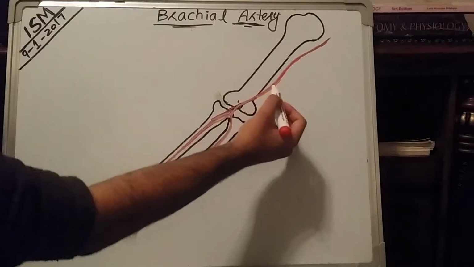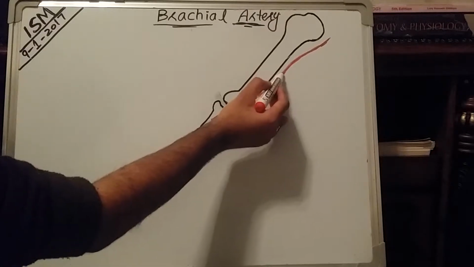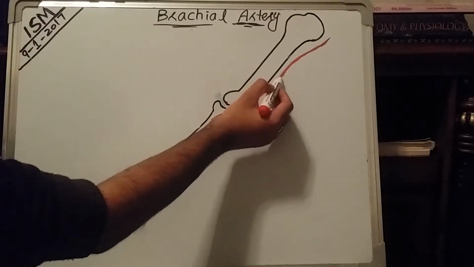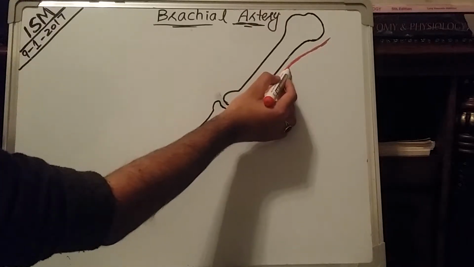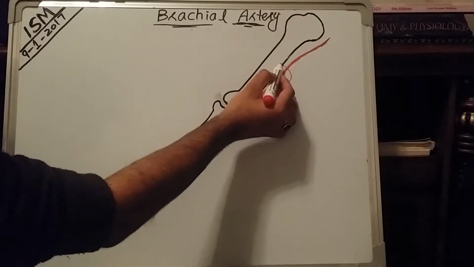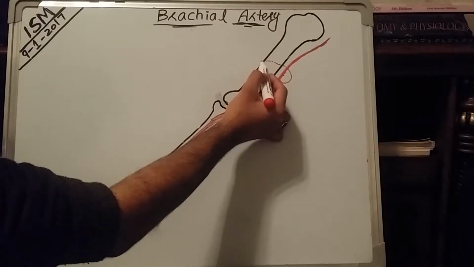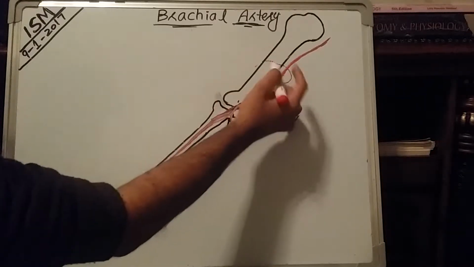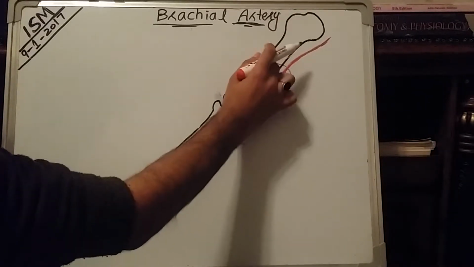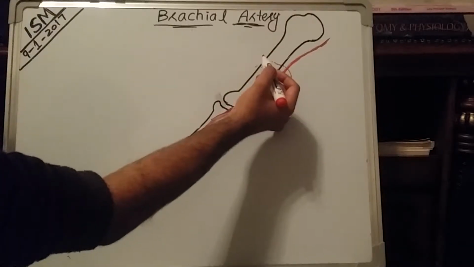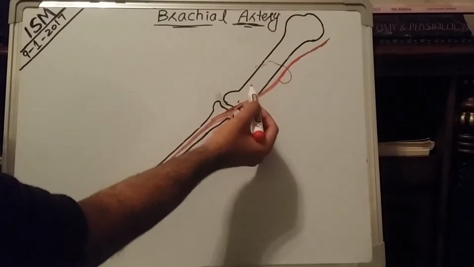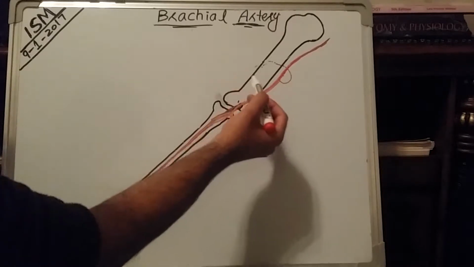The first branch which originates from the brachial artery moves backward, to the back side of the humerus bone. So we cannot see it.